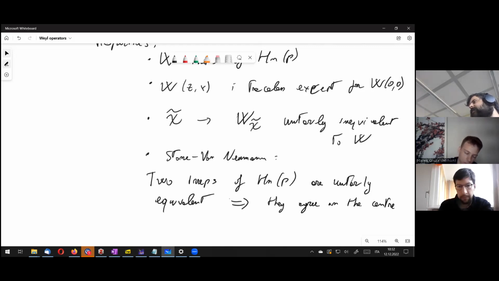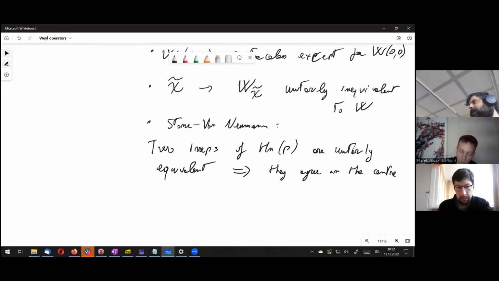This just means that on the center they behave in the same way, so they have basically the same character. The point of the Stone-von Neumann theorem is that you can prove both implications. Why is this interesting?